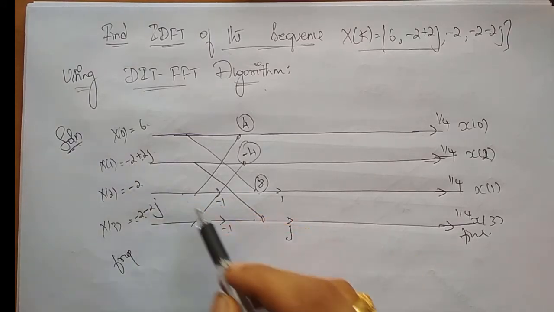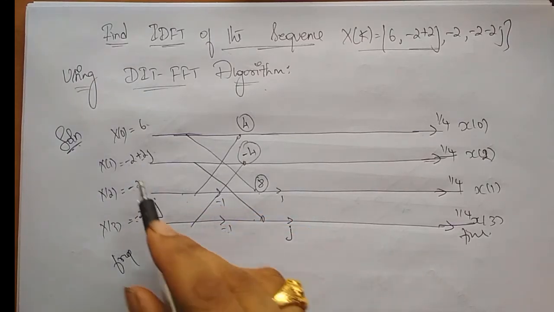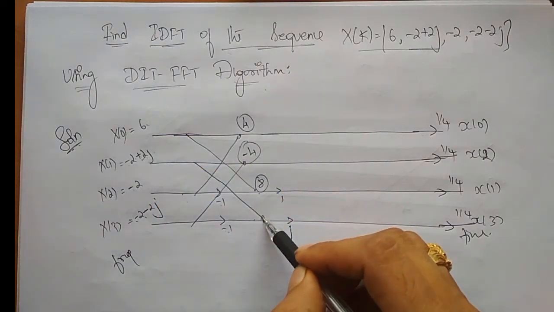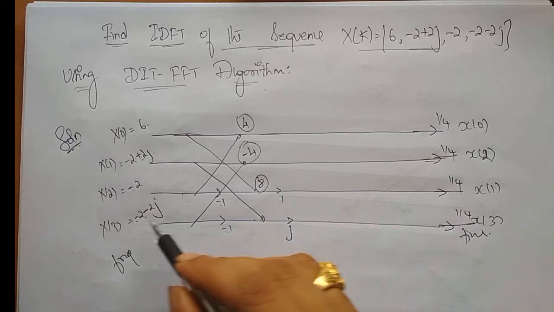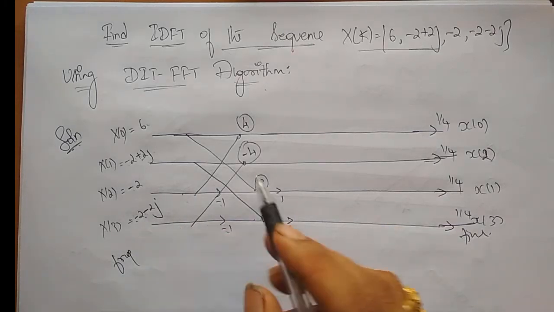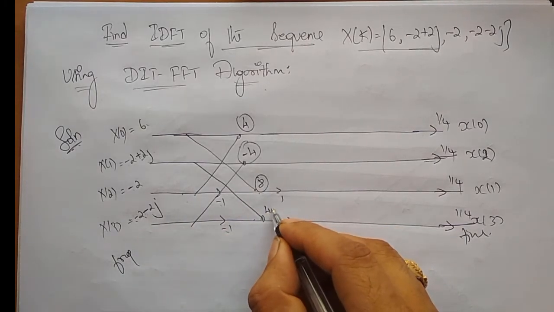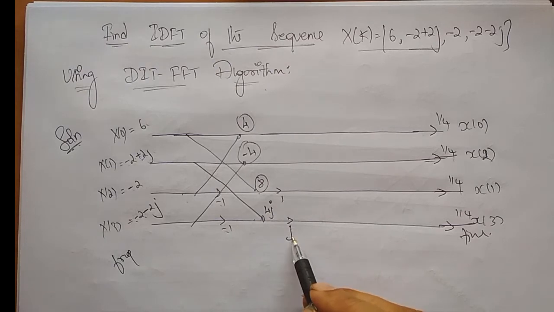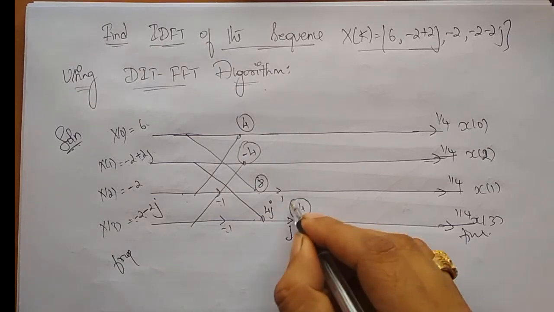So I have -2, minus into minus plus 2, so it is 0, and I have plus 2j coming here, minus into minus plus 2j, so it is 4j, plus 4j, and j times j is minus 1, so I end up with -4.